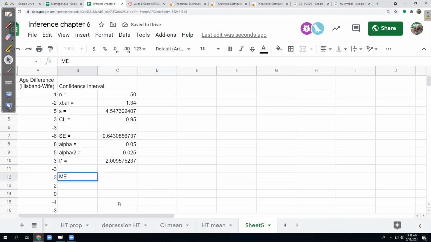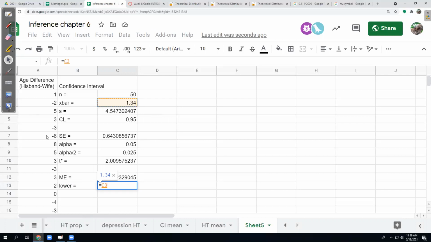So margin of error for a mean is whatever your t-score is times whatever your standard error is. And we started using that formula last week. Now we know how to calculate standard error in a different way. And then based on that, I can get the lower and the upper. Lower is always the sample mean.